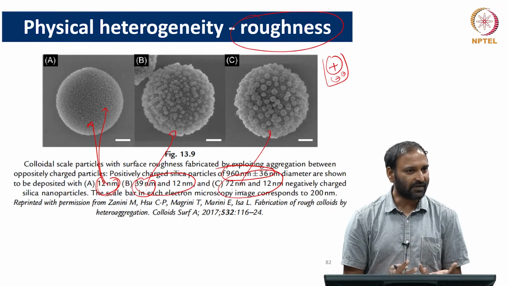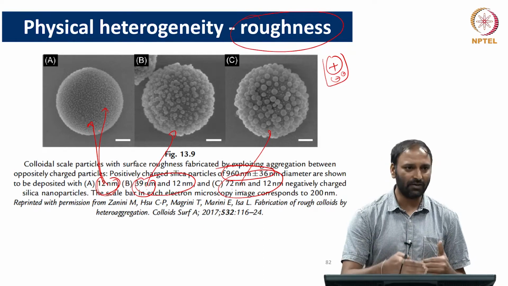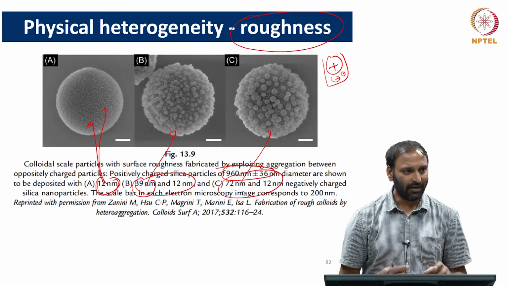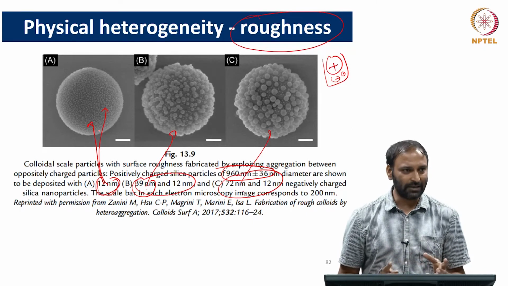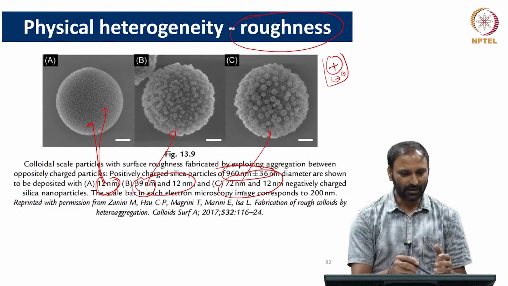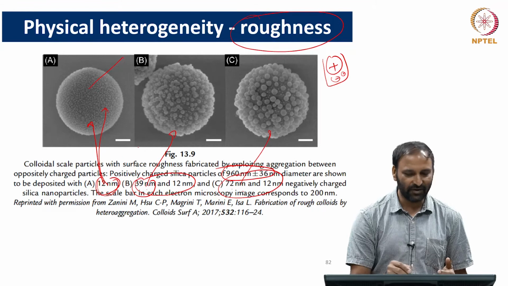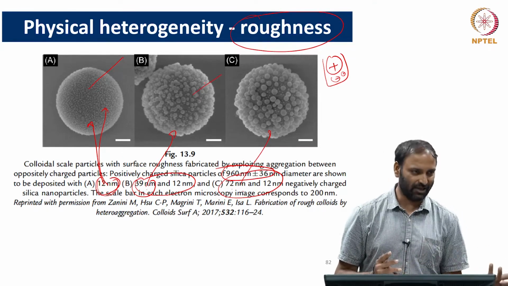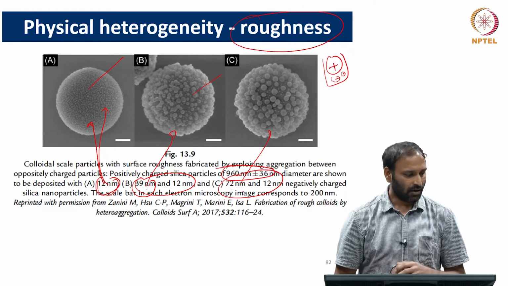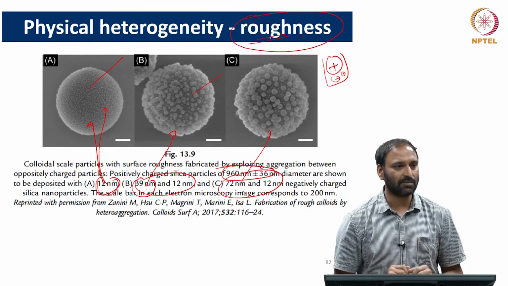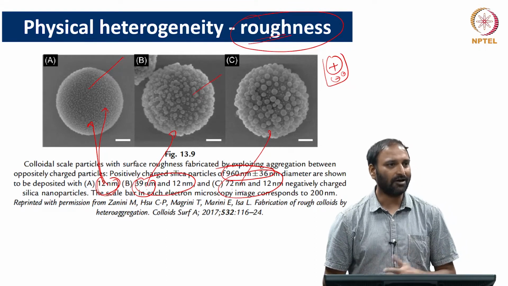the surface of larger particles, just because of the electrostatic interactions, and thereby they are able to get particles which have different roughness. In this case a very small scale of roughness, in this case you have roughness of different degree, if you want to call it. Now, once you have particles like this, I would have to characterize such particles also for roughness.